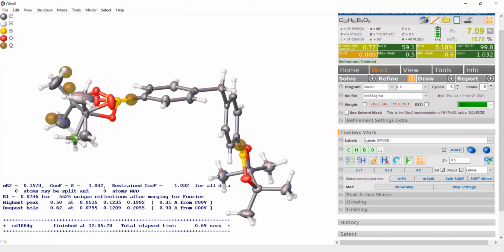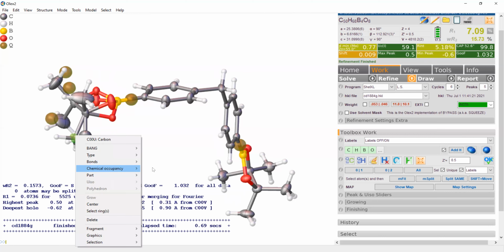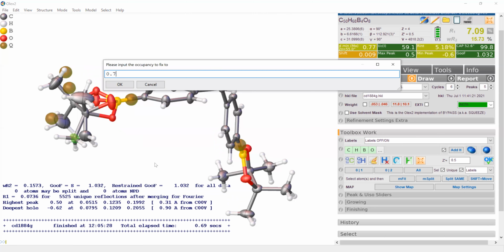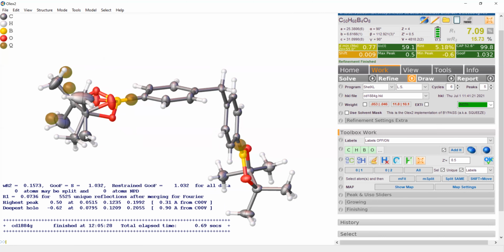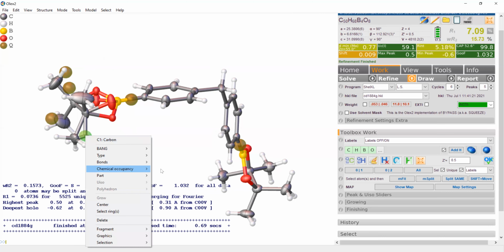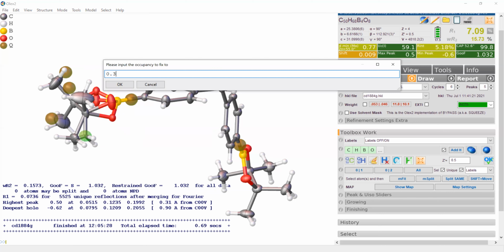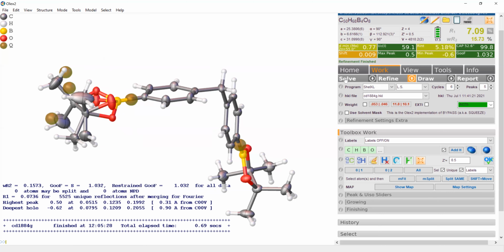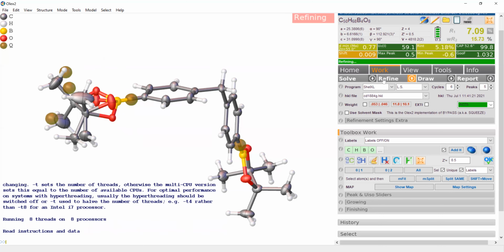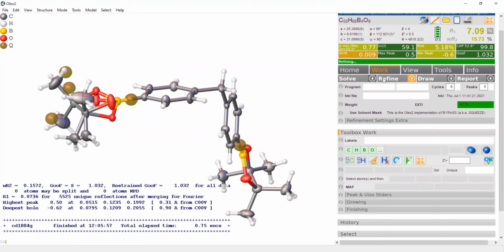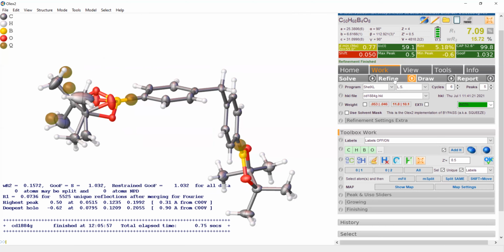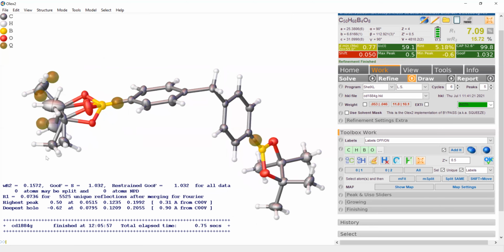Maybe we could increase this to 70%. Increase this, decrease this to 30%. So again, it's just going back and forth, tweaking these occupancies. I didn't change it much, but now the ellipsoids look more even, I guess you call it.